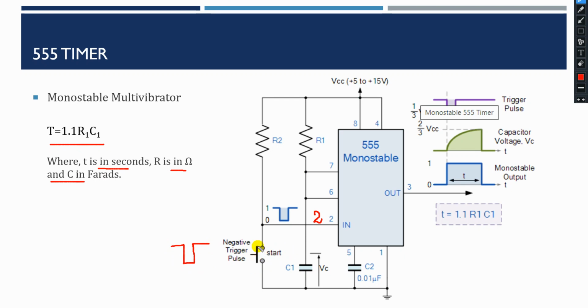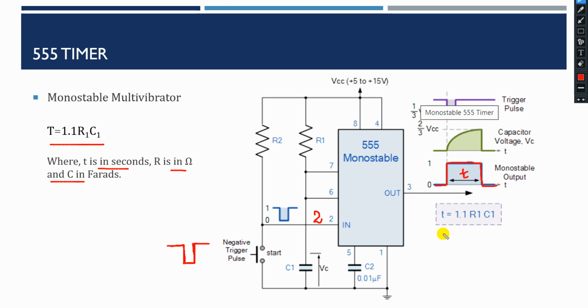So until this switch is pressed, your output remains 0. When one particular pulse is given to pin number 2, your output will be on, or it goes from 0 to 1, and it will be stable for a particular duration. The duration is nothing but t.